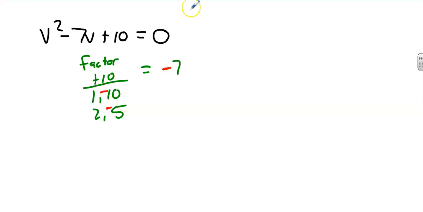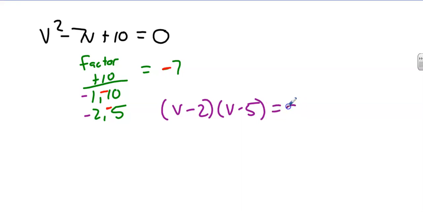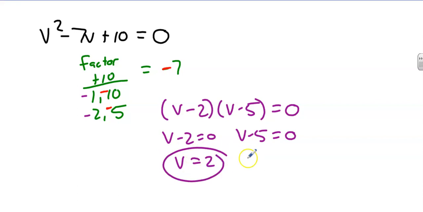If you do a positive by a negative, that means the other number is also going to be a negative. So that would be the v minus 2 and the v minus 5. Okay, set them both equal to 0. So v equals 2, and v equals 5.